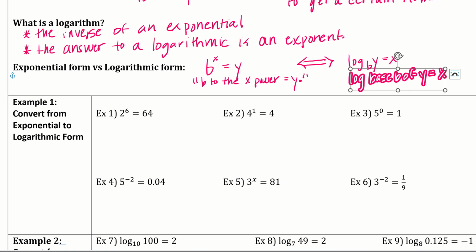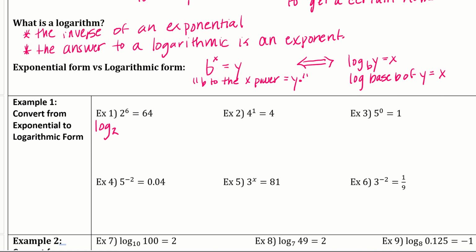If you look at this first one, it's in exponent form. We can all agree 2 to the 6th power is 64. But if we want to write that in log form, the base is 2, so it'll be log base 2 of 64 equals 6.